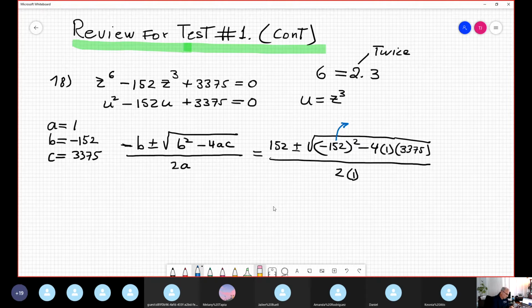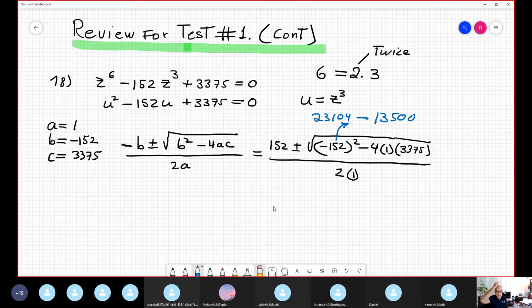I put 152 because I know when you square it, it becomes positive. Okay, it's 23,104, minus something. You multiply 4 times 1 to get 4. I don't put the 1 in the calculator, of course. Times 3,375, it's 13,500.